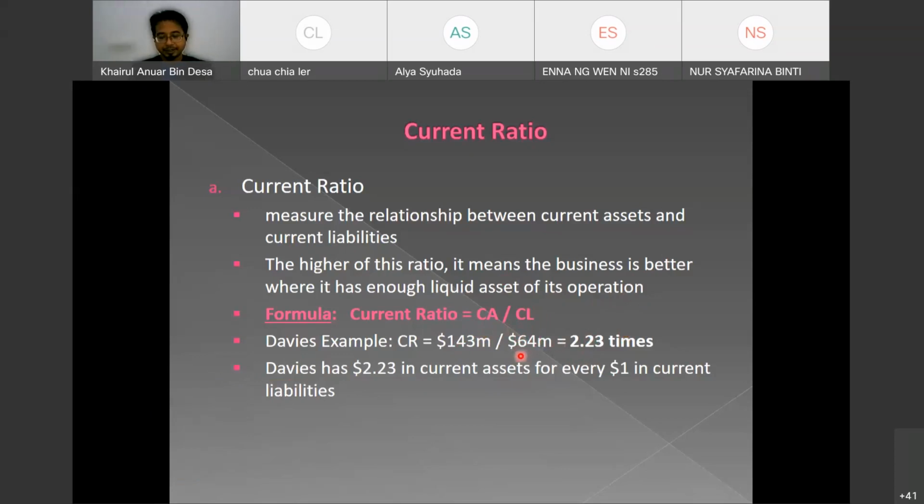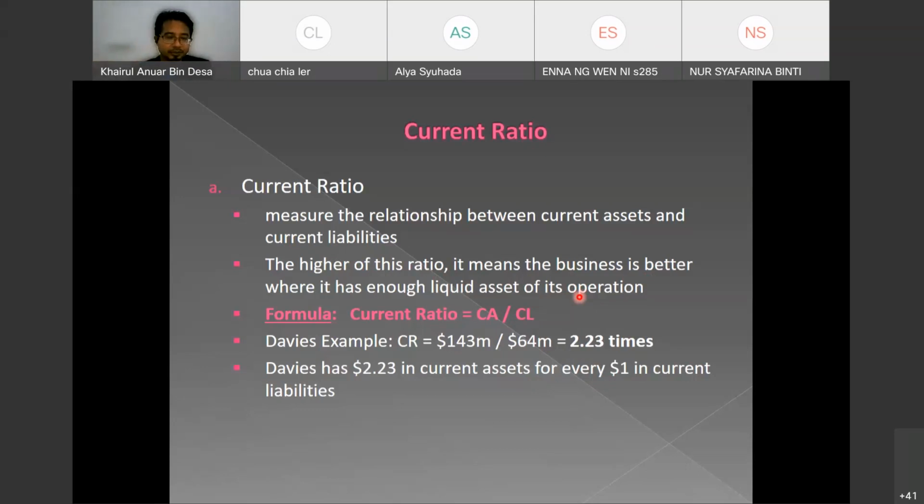Bermaksud current asset 2.23 kali lebih banyak compared to the current liability. Bagaimana kita nak tahu bagus atau tak bagus? Higher of this ratio means the business is better. Higher is better. For the current ratio, higher is better.